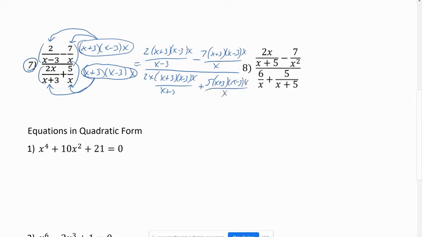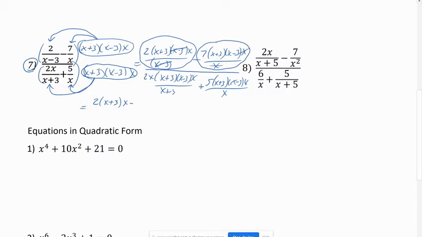Okay, simplifying, in this expression, I have an x minus 3 and an x minus 3 in the top and the bottom. Those are common factors, and they can be canceled. So what I'm left with is 2x plus 3, x. In this expression, the x's cancel.